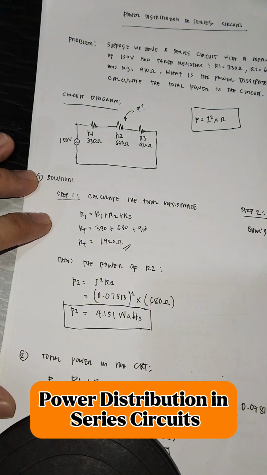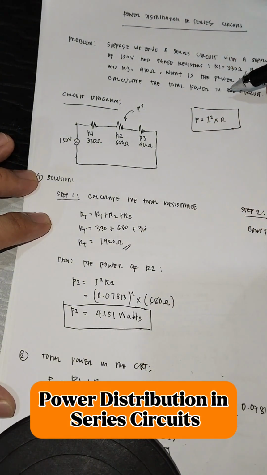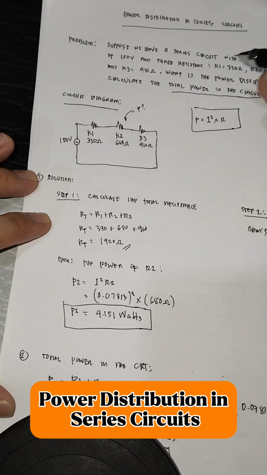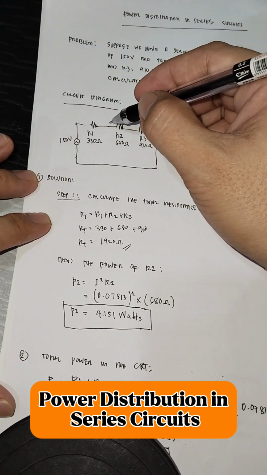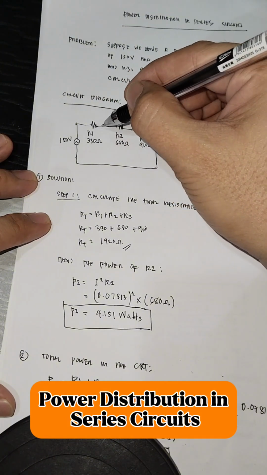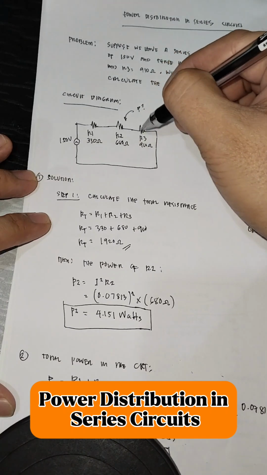Okay, then to calculate the total power of the circuit, we just add up the individual power of these three resistors.